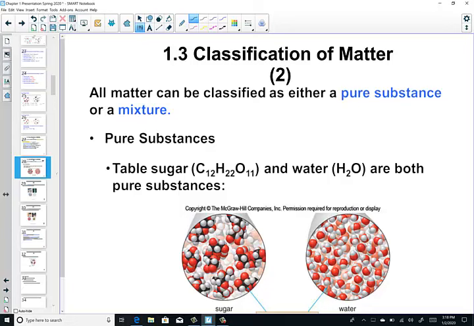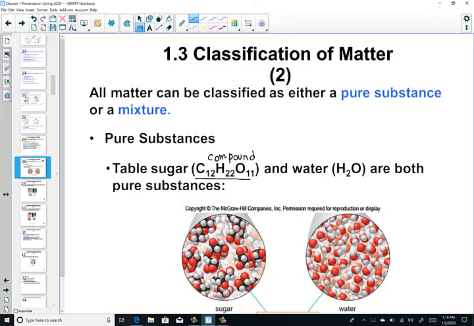As we look at examples of pure substances, here I have table sugar. Table sugar is a compound because it is made of more than one type of atom.